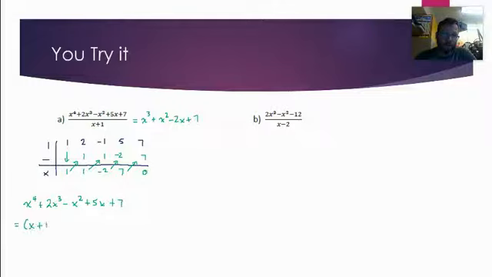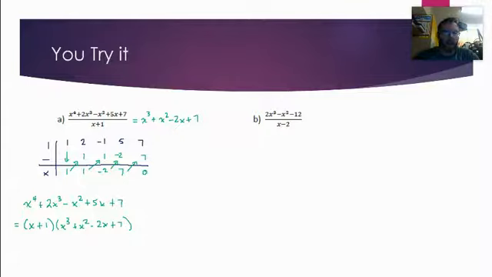This is equal to x plus 1 times x cubed plus x squared minus 2x plus 7. And if you wanted to keep factoring, you could now apply the factor theorem to this resulting cubic expression, try to find a factor, and keep going and keep going.